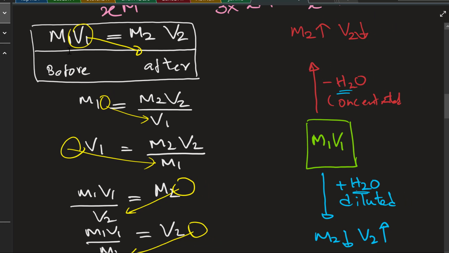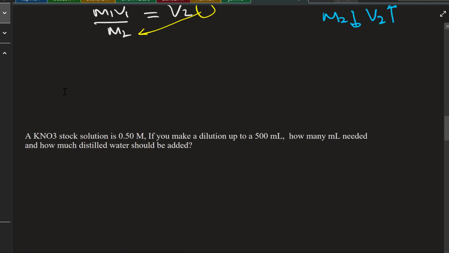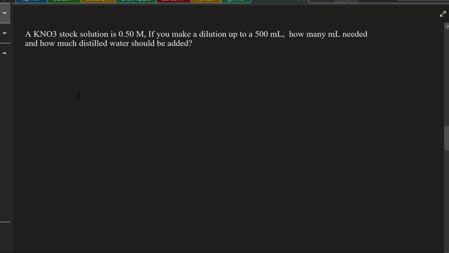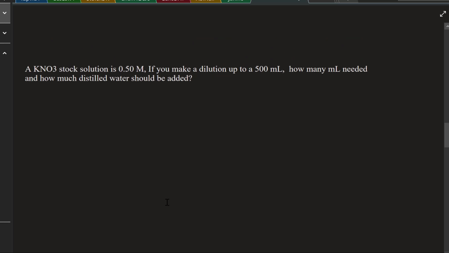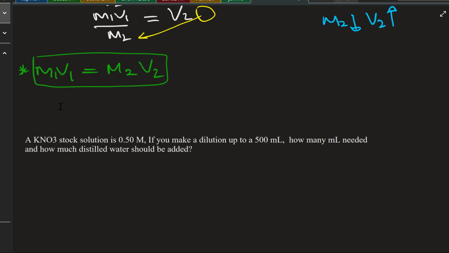This picture is actually really important to understand. When you add water, when you remove water, what happens, right? This question, we're going to do separately, actually. I have a bunch of questions to discuss in a different video, but it's important here. M1V1 is equal to M2V2. That's the one we're going to use for most of the simpler calculations, right?